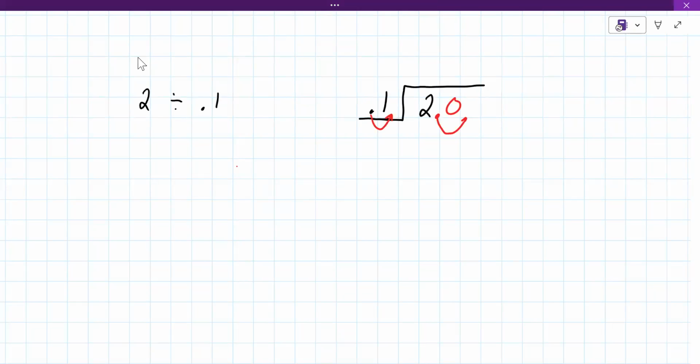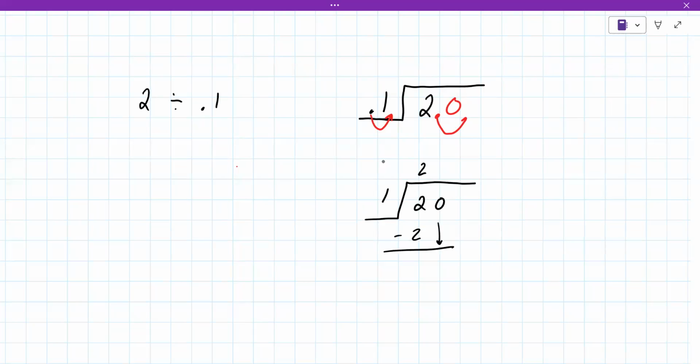So it becomes 20. How many times does 1 go into 20? 2 times. 2 times 1 is 2. Subtract, bring down the 0. Answer is 20.